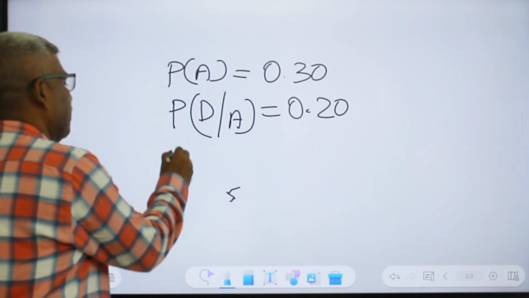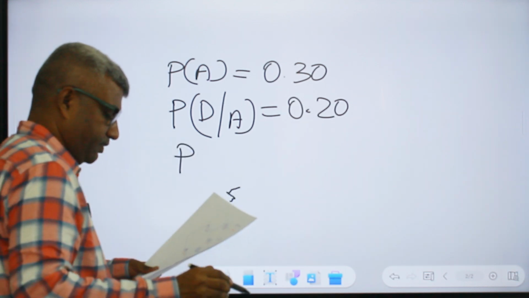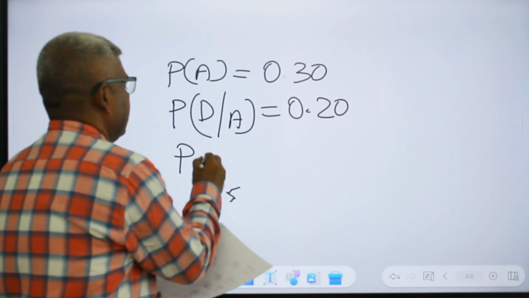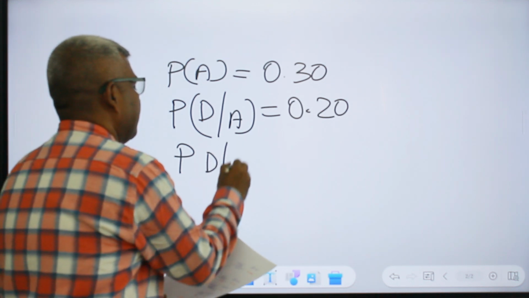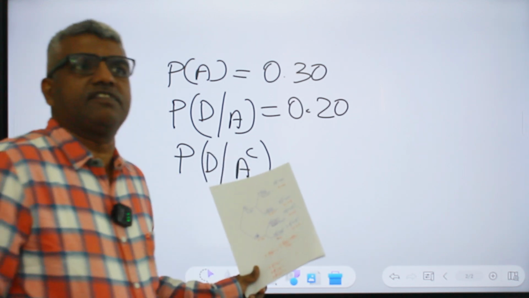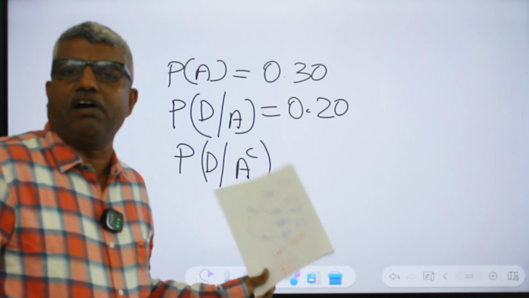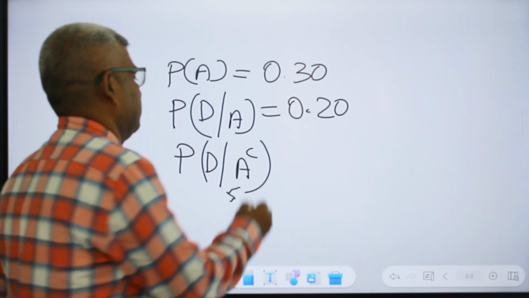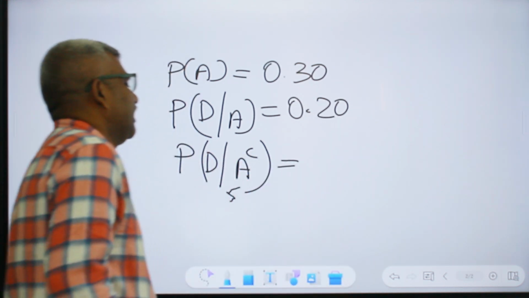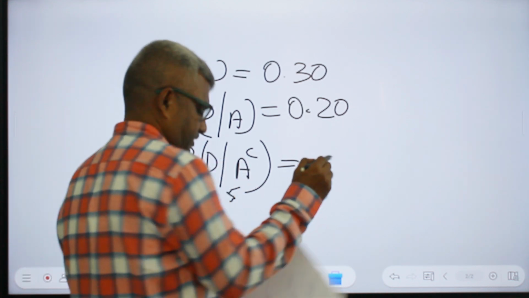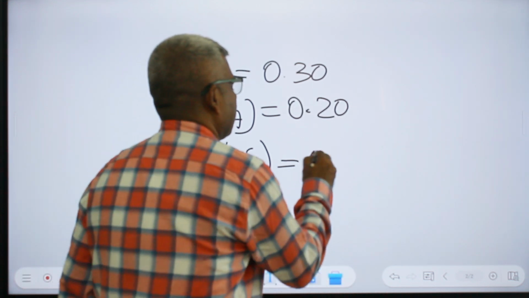Okay, then probability of D given other than A, some of them say A complement or A dash. A complement is the more proper word, other than A. Probability of D given A complement is 0.40.